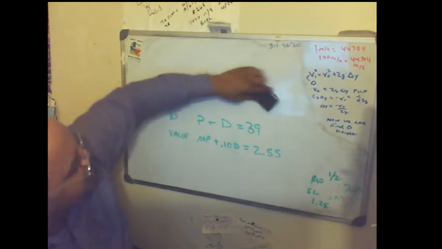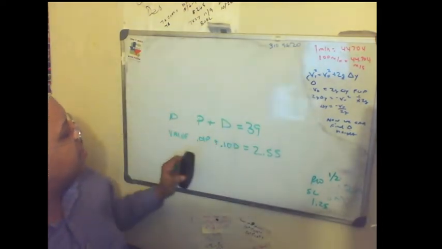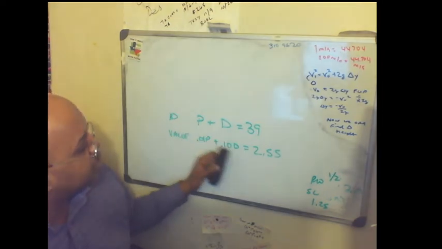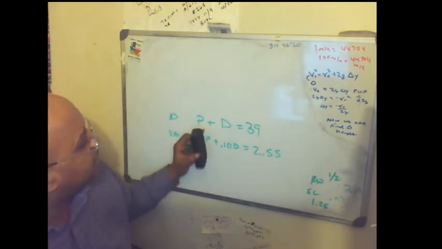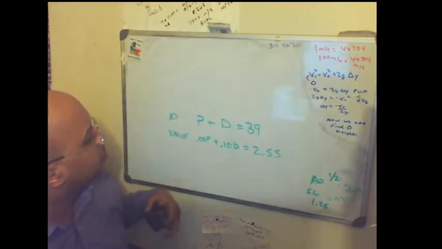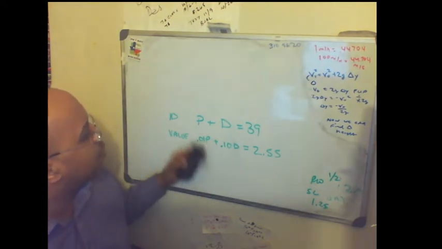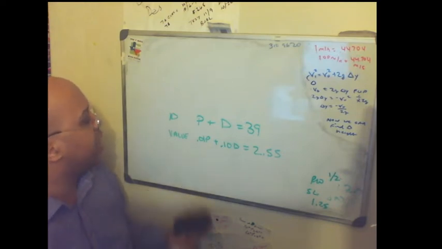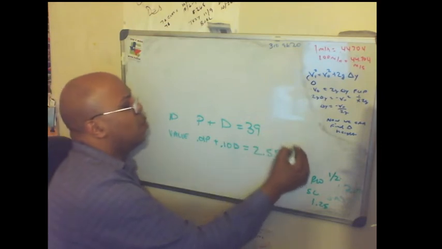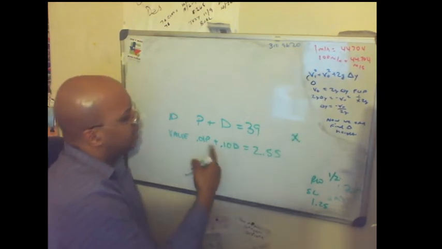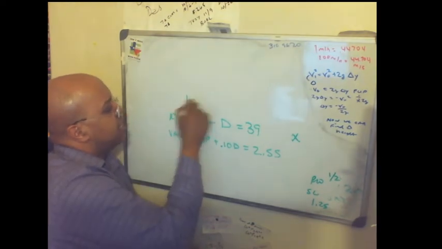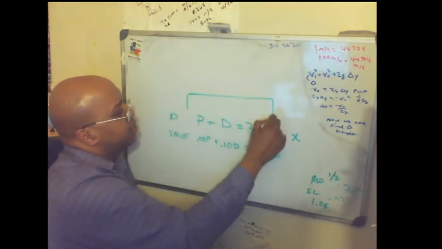I'll get rid of this because we have all the information up there. The thing about a system of equations is we have two variables that we're solving at the same time, simultaneously. So what I would do is manipulate one of the equations. How do I manipulate the equations? I will multiply one of these equations by something to change, and the top one is the easiest one to change.